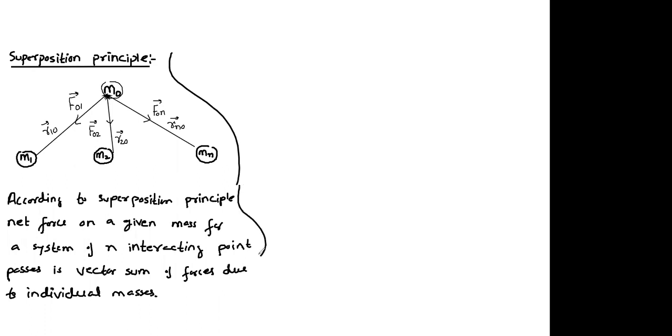So to calculate force on a given mass due to a system of n masses, calculate force due to individual masses and then add them up vectorially. So the net force is the vector sum of individual forces, like the vector sum of F01 plus F02, and keep on adding up to F0n.